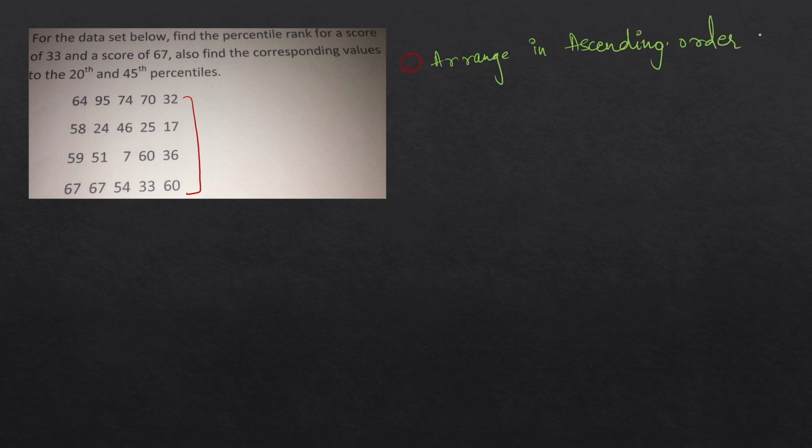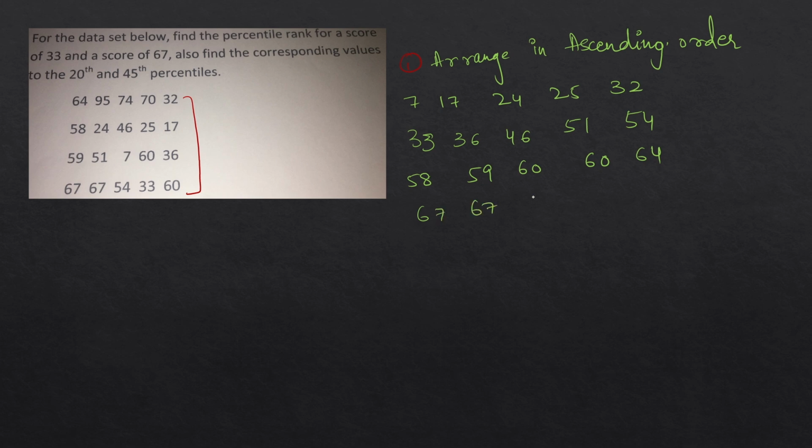So the ascending order for this will be 7, 17, 24, 25, 32, 33, 36, 46, 51, 54, 58, 59, 60, 60, 64, 67, 67, 70, 74, and 95. All right. So here n is 20. N is the total number of observations.